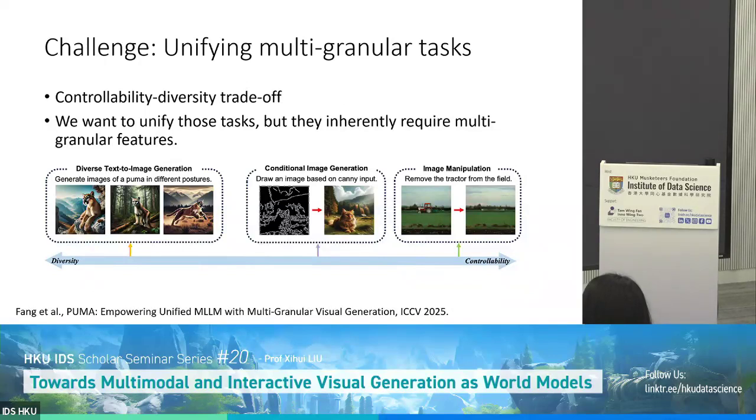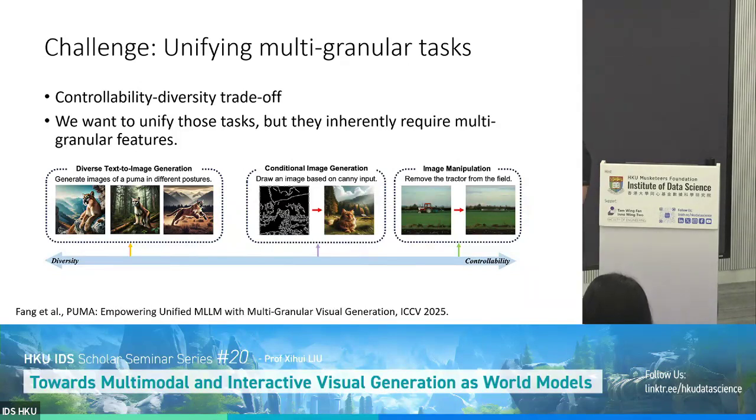However, we found that despite unifying these two tasks from the architecture perspective, it is very difficult to unify different generation tasks in the same framework, because if we look at the different generative tasks, they are fundamentally different.